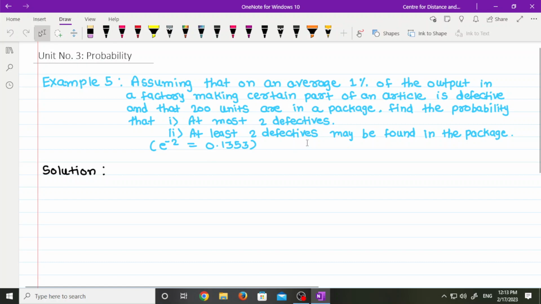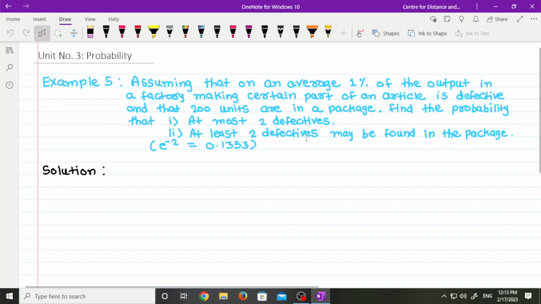0.1353. Here we have to find out probability for at most 2 defectives and at least 2 defectives in the package. First we find out the value of m, that is mean. Here 1% of the output in a factory making certain part of an article is defective and there are 200 units in a package.